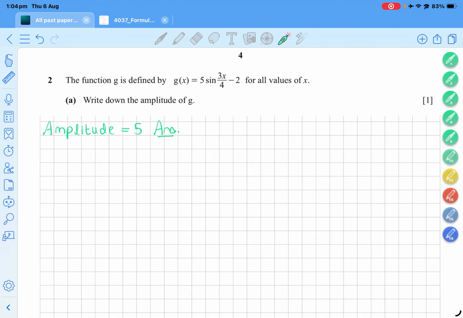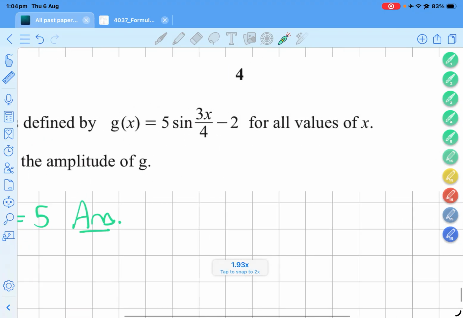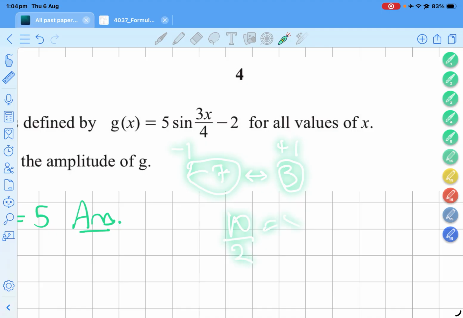If you do minus 1, you get minus 7, and if you do plus 1, you get 5 minus 4, which is 3. So 3 minus 7, you do this thing minus this thing, so that's 10, and then 10 over 2 to get the amplitude is just 5. It's as simple as that.